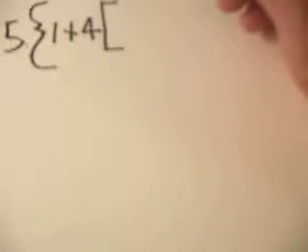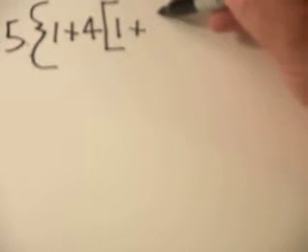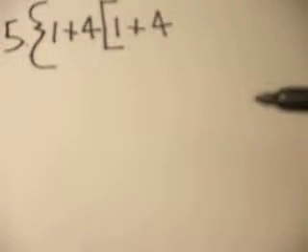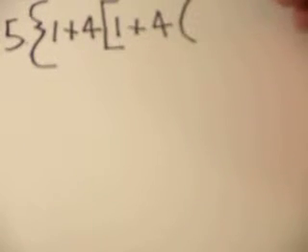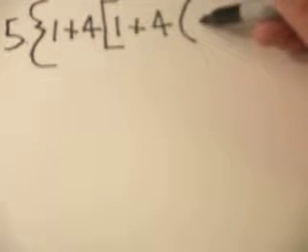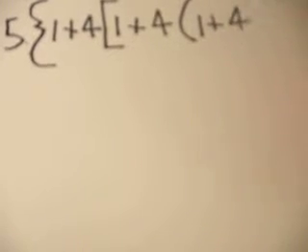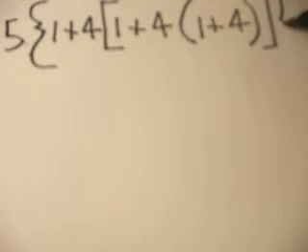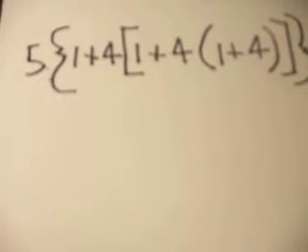Looks like that. And some more numbers, such as 1 plus 4. And maybe even some inner parentheses, like this. 1 plus 4. Let's say your problem looks like that, on the back side, closing in all your groupings. So you might have a problem that looks like that.